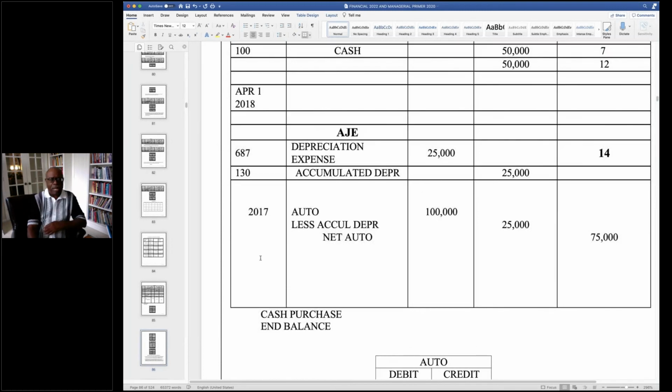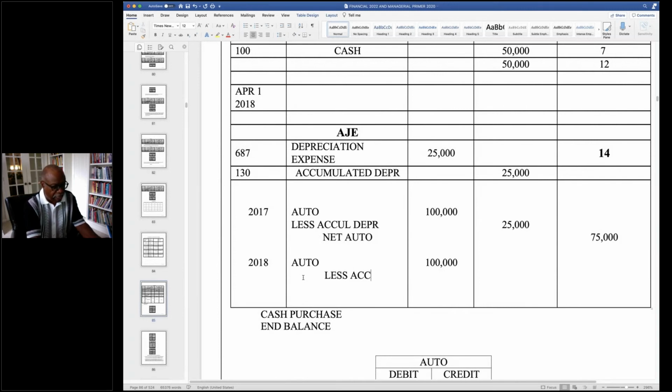Now let's look at the balance sheet presentation in 2018. What's that gonna look like, Holman? The auto 100,000 debited is still gonna be there at 100,000 debit.